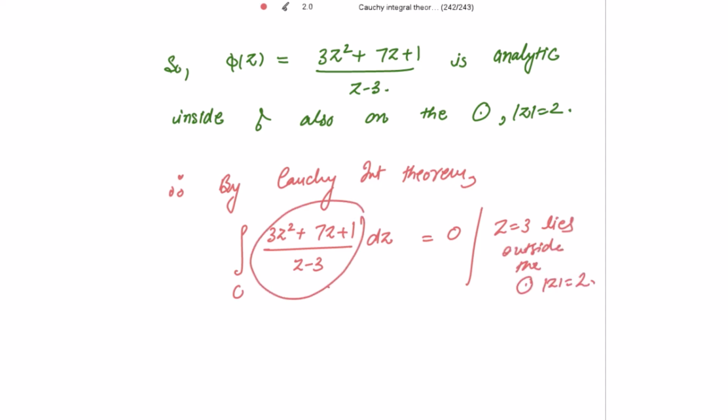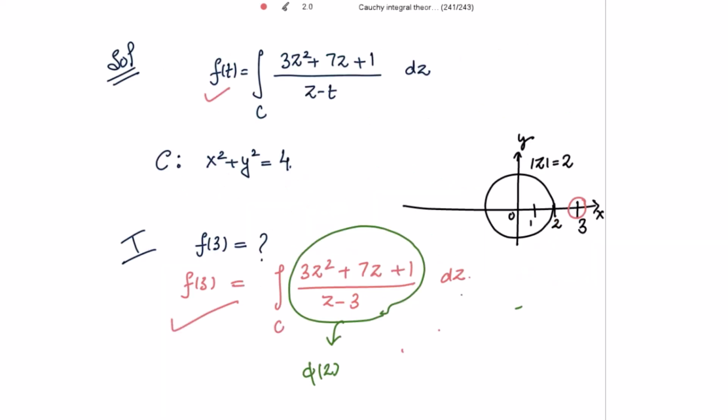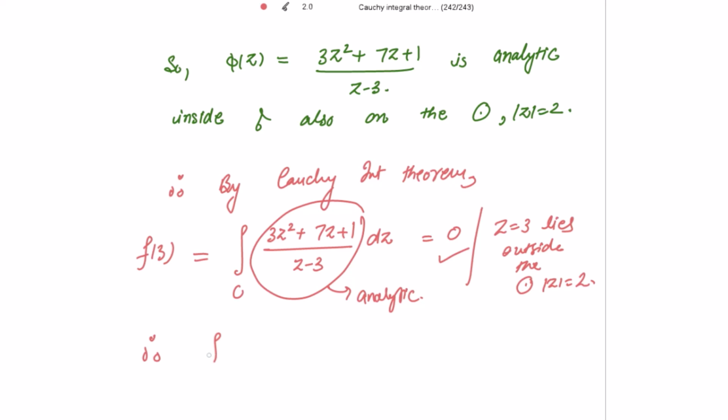And this function is analytic inside and on the circle. So by Cauchy's integral theorem, we say that this complete integral is 0. And this is nothing but your f of 3, right? So therefore, f of 3 is equal to 0, right?